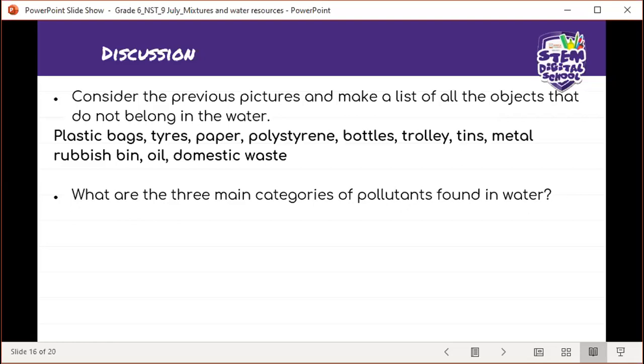We just dealt with this. Okay, Kia's hand is up. Hi, Kia. Thank you, ma'am. Hello, how are you? I'm well, thanks, Kia. So what are the three main categories of pollutants found in water?